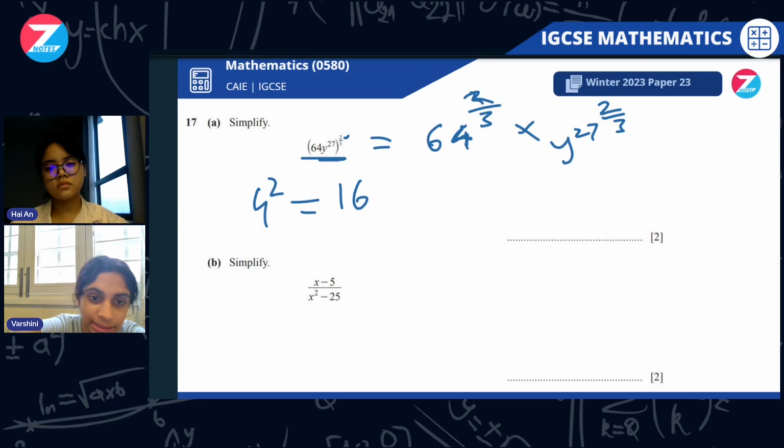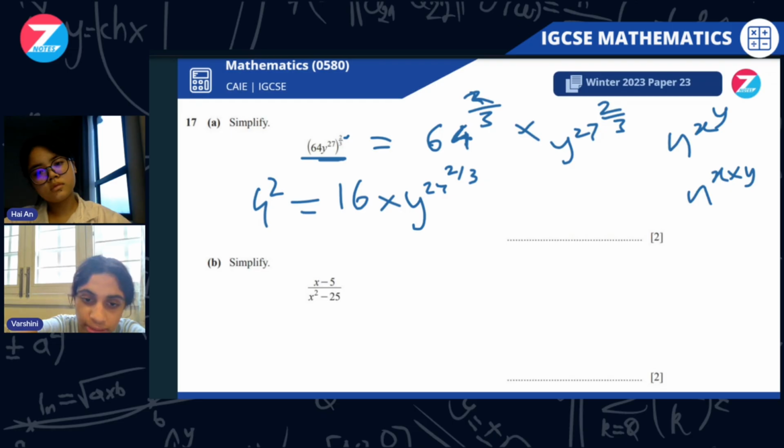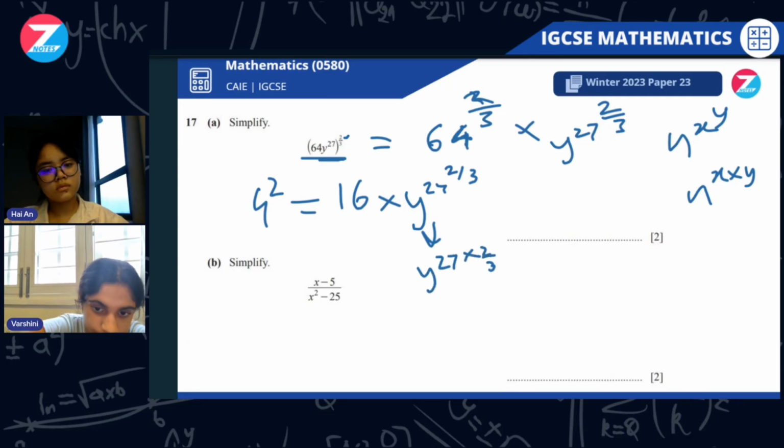Okay, now this is multiplied into y to the power 27 to the power 2 by 3. And we know that when we have n to the power x to the power y, it's the same as n to the power x into y. So this is just going to equal y to the power 27 into 2 by 3.